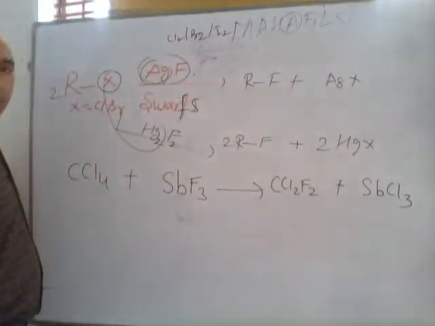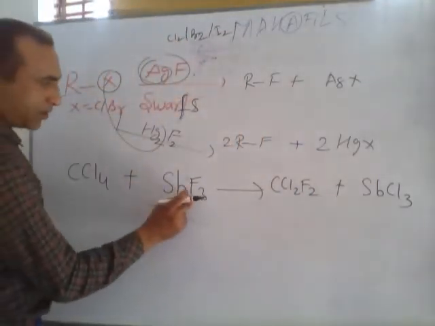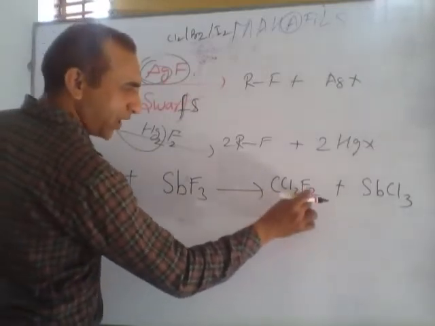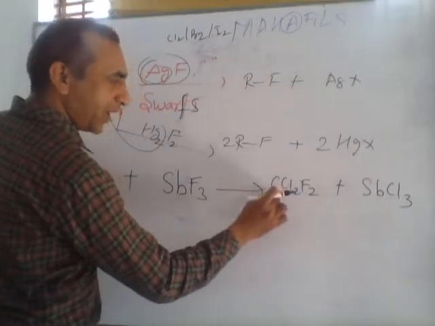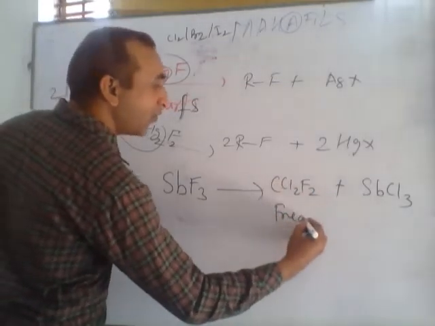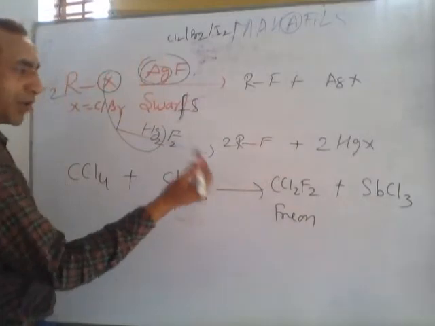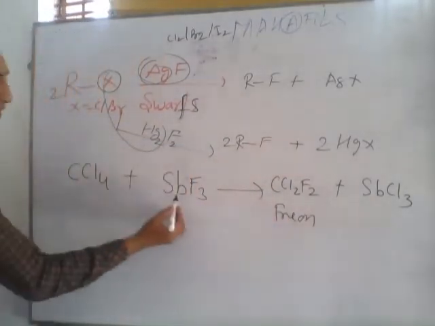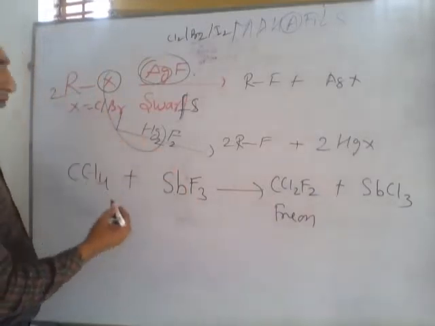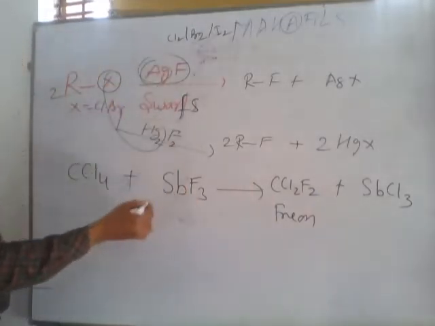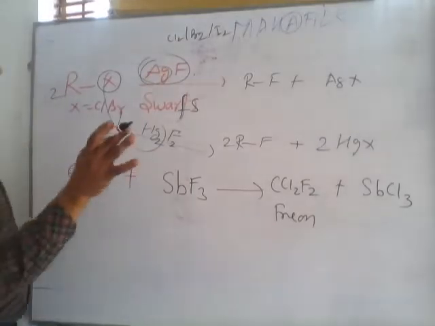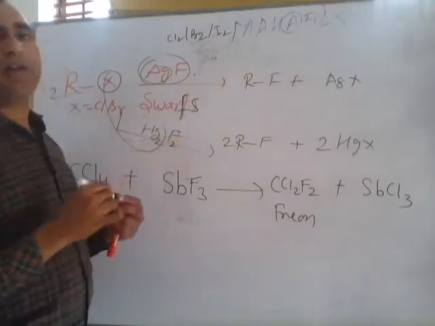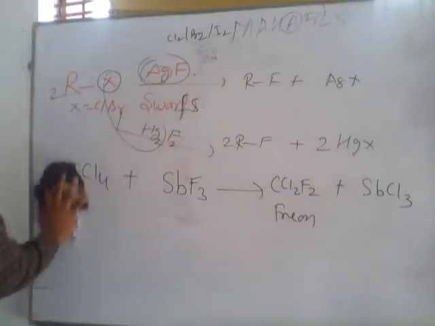This compound, dichlorodifluoromethane, is also called freon. In exams they ask how we can prepare freon: by reacting CCl4 with antimony trifluoride. These three reactions are all called the Swarts reaction. In the Swarts reaction we can use silver fluoride, mercurous fluoride, or antimony fluoride.